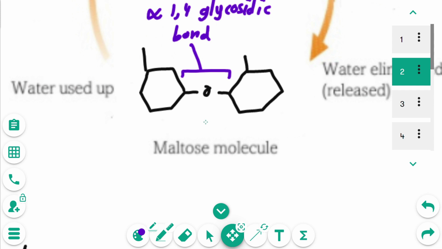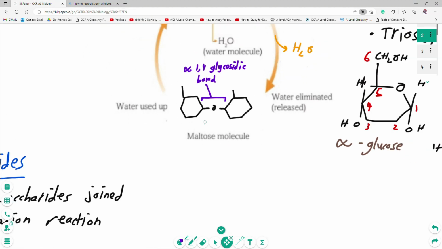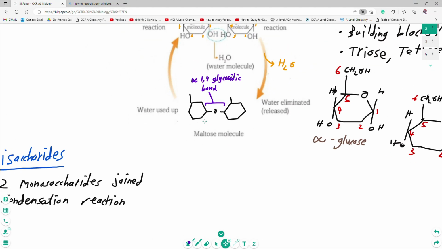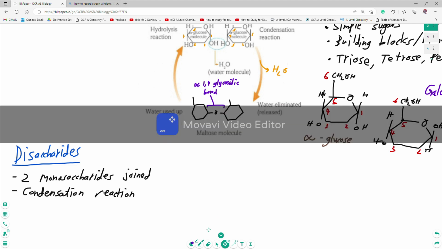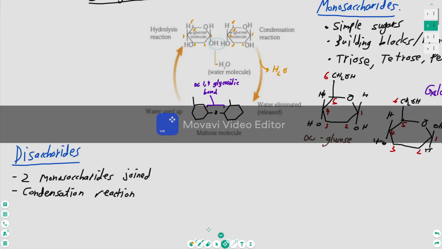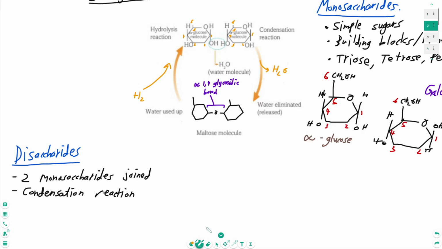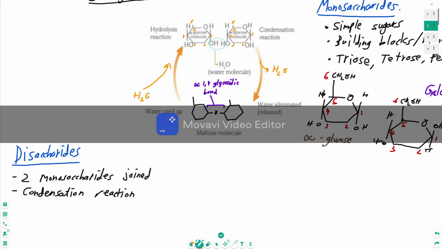That's what happens if we remove water. If we add water back in, we will be able to break this alpha 1,4 glycosidic bond and reform these two alpha glucose molecules in a hydrolysis reaction.